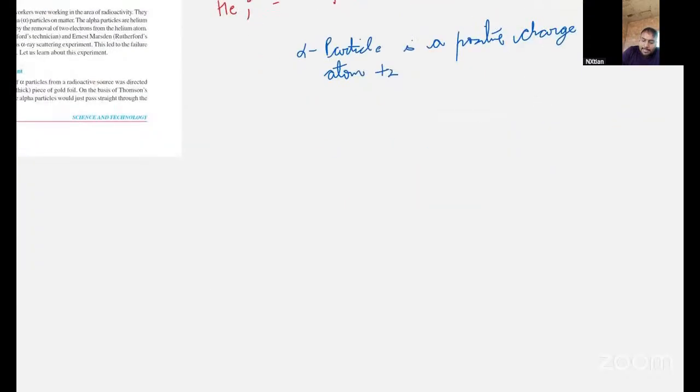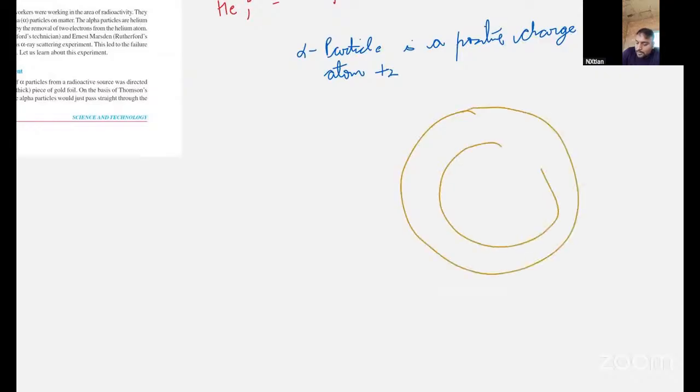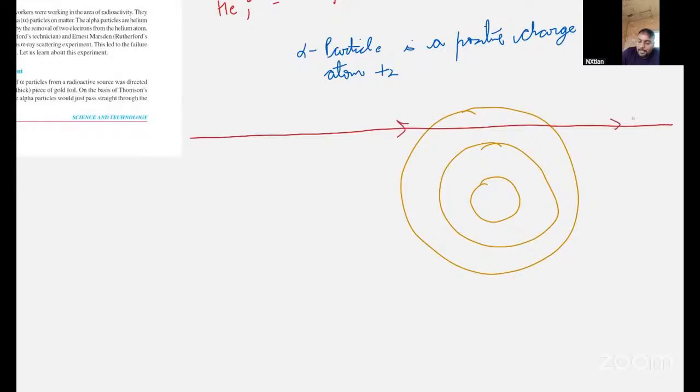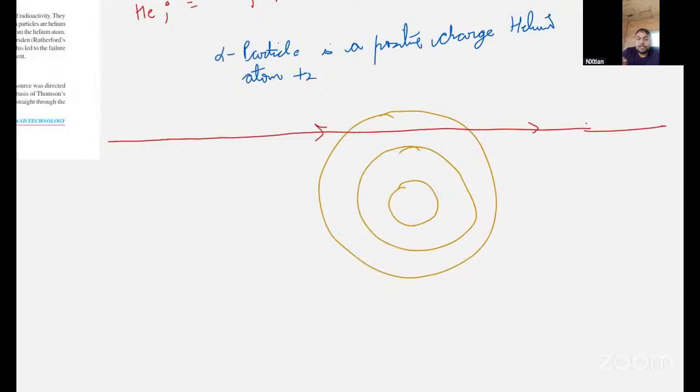So for example, if I make an atom like this, this is the alpha particle that is bombarded. What happened is that some of the alpha particles go in a straight line without deviation.